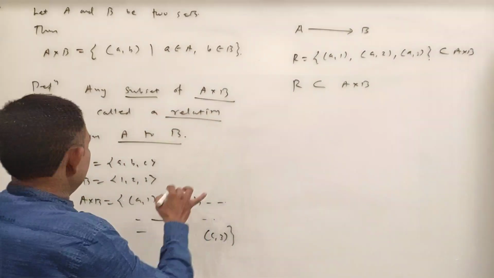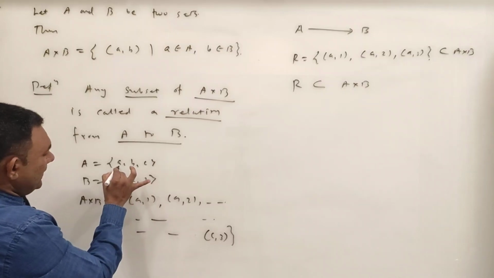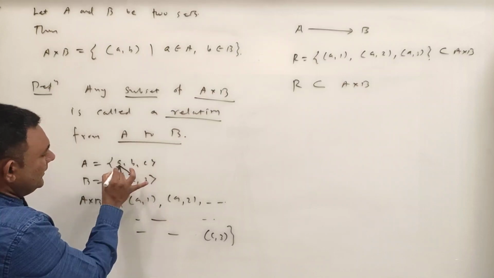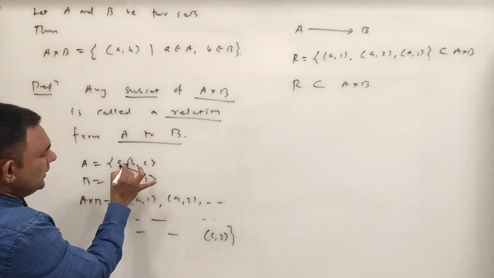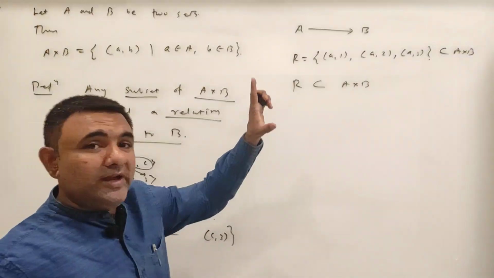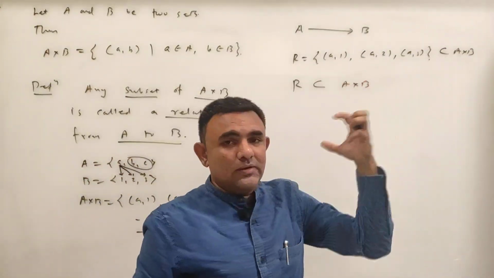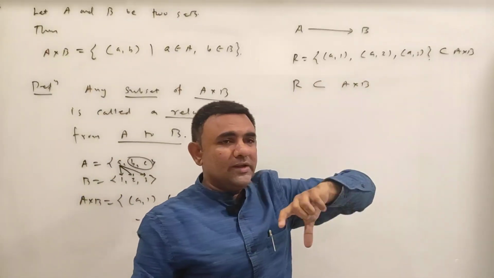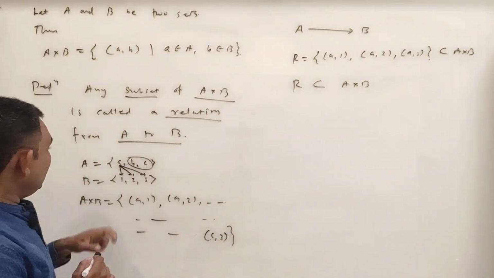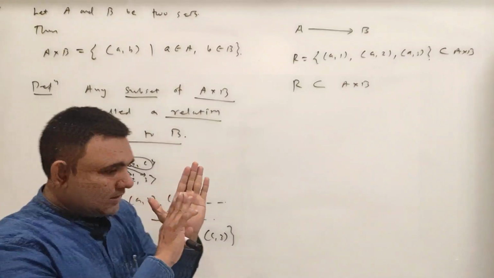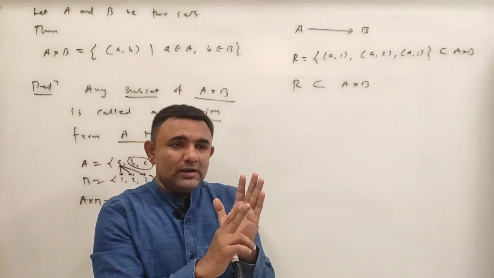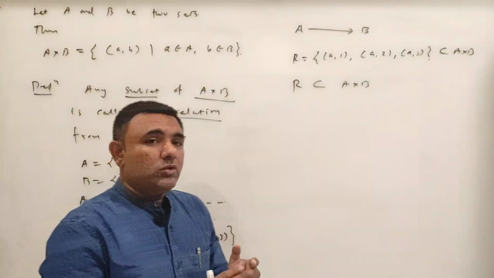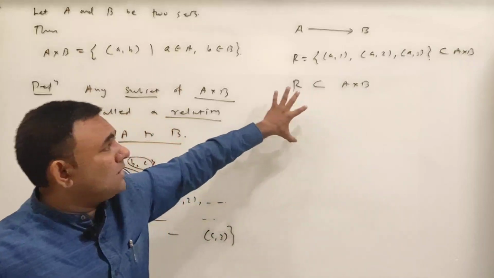See here, we can see our element a of A is related to 1, is related to 2 and it is related to 3, but these two elements b and c are not related to any element of B. So we can capture this rule from this R. So from here we get this rule that the element a of our set A is related to every element of B, but the other two elements of A apart from a are not related to any element. So this becomes our rule here.